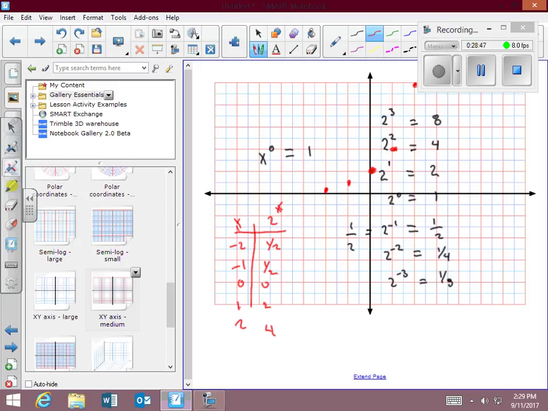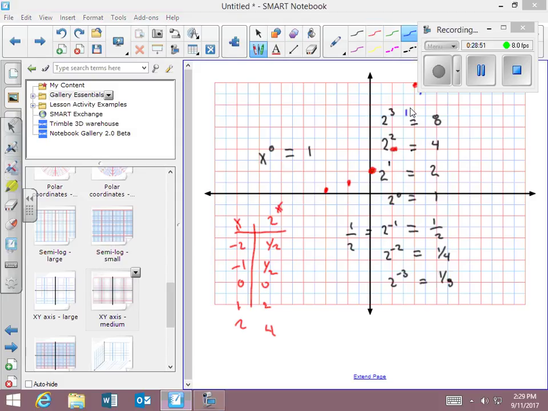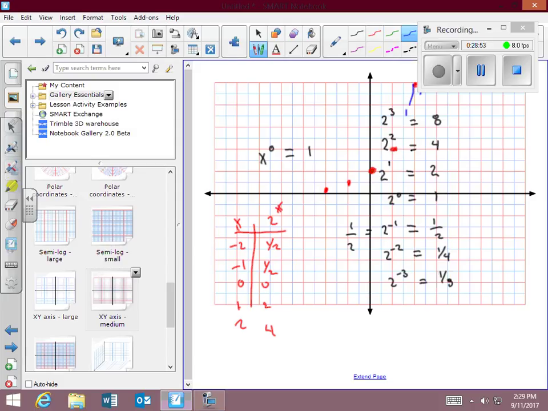Now when you join those points, it actually graphs, when it comes infinitely close, does it ever go through there? That's an exponential function.